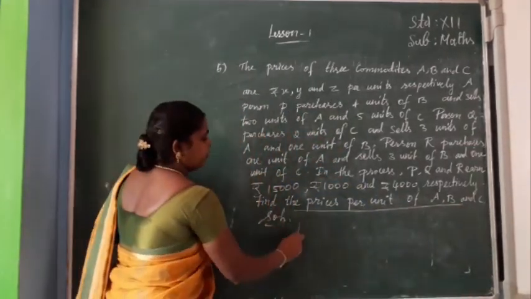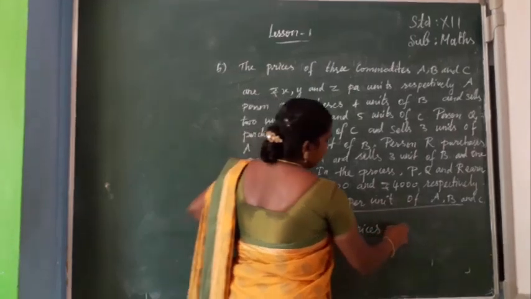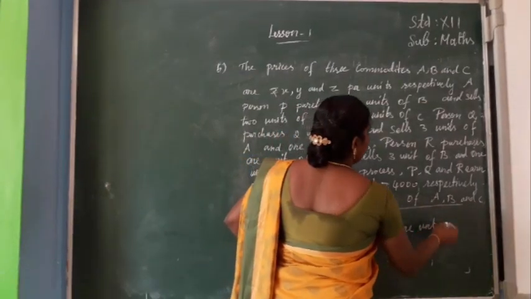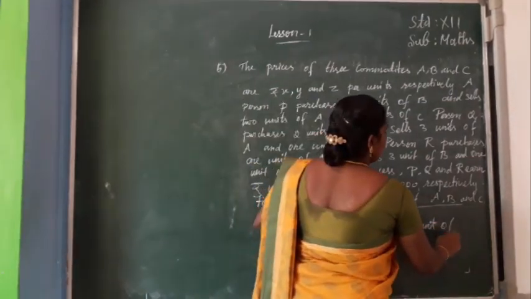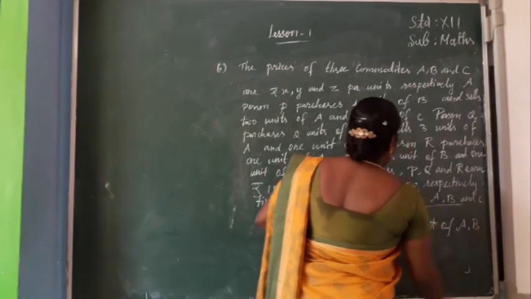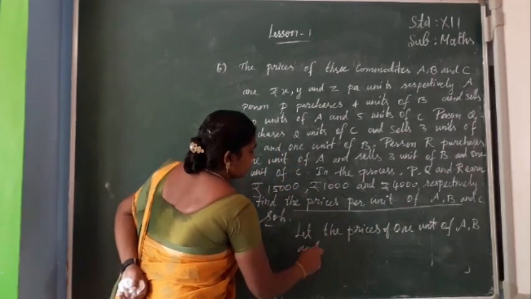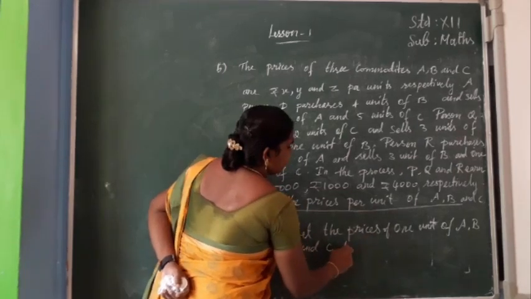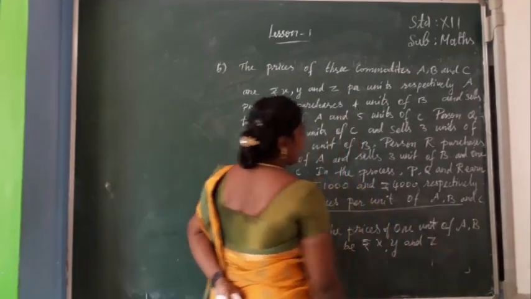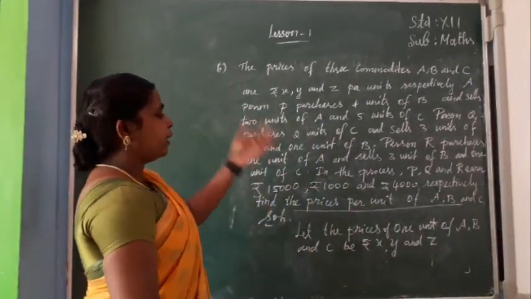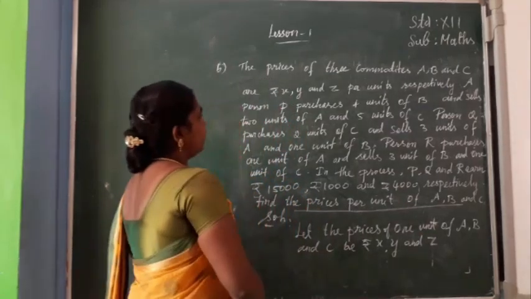So I am taking, let the prices per unit of A, B and C be rupees X, Y and Z. So I take A denote rupees X, B denote Y, C denote Z. Okay, now you read the first condition.